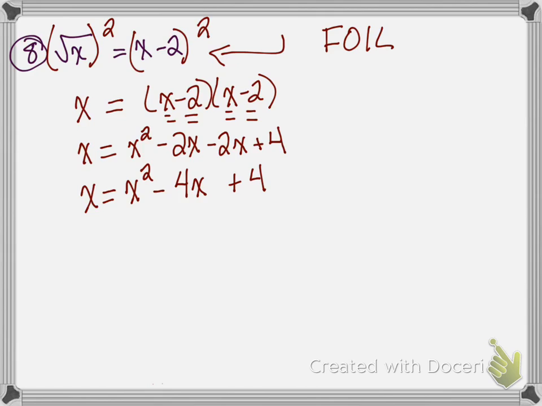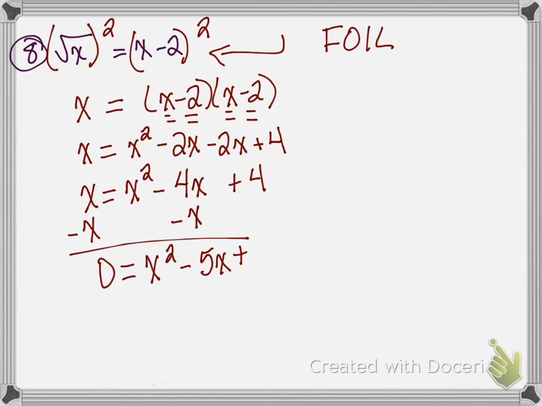I need to set it equal to 0. So I subtract x from both sides. I get 0 equals x squared minus 5x plus 4. Okay? Now I want to factor that, and it does factor nicely.